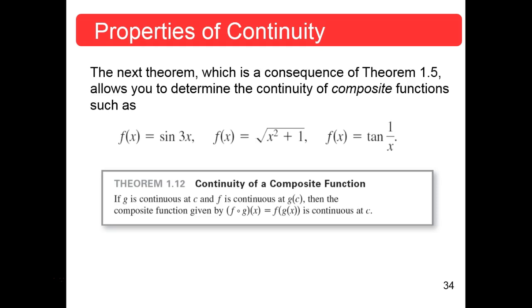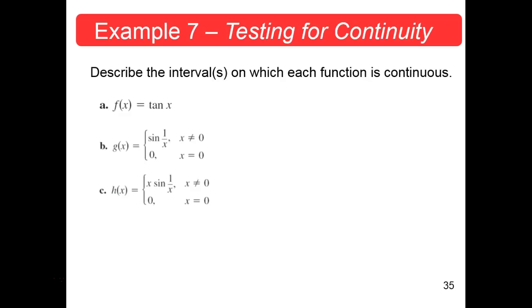So you have to have that g is continuous at c. In that case, 0 would be excluded. And then f is continuous at g of c, and that means you'd have to exclude all the values of x that would make tangent discontinuous. Okay, so that would be your 2 over pi, 2 over 3 pi. No, not 2 pi. 2 over odd pis. That's what you do. That would work. All right.